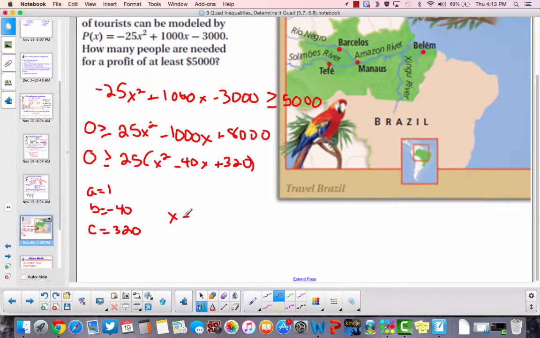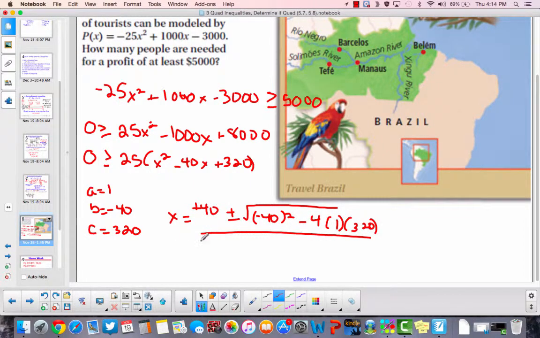Remember, it's x equals negative b, which is a positive 40, plus or minus the square root of b squared, so negative 40 squared, minus 4 times a times c, all over 2a, so 2 times 1.